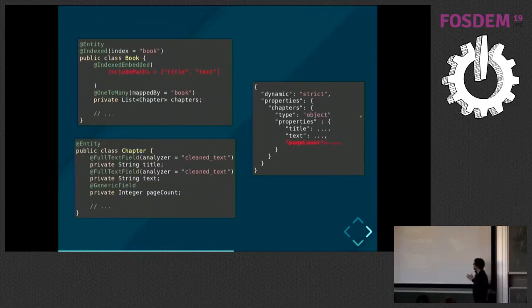There are several options. You can also use nested storage to not just put the data as is in the document, but really ask Elasticsearch to store the chapters as nested documents so that the structure is preserved and you keep the information about which title is for which text, which can be useful when you combine queries.